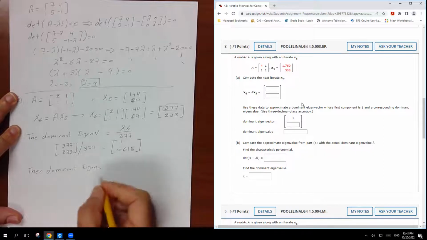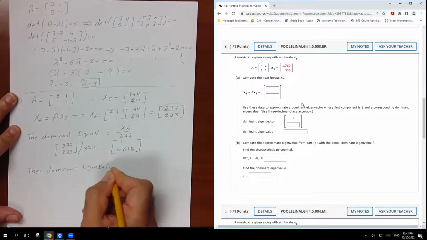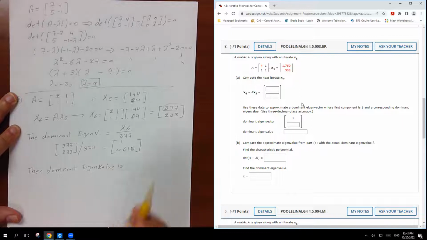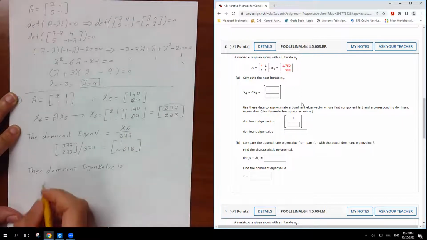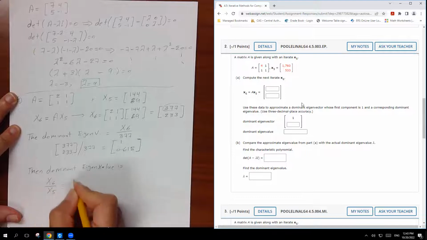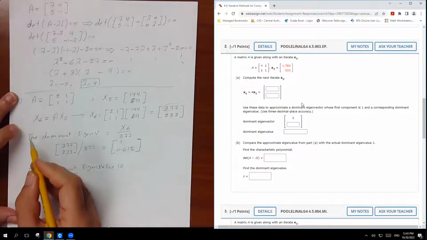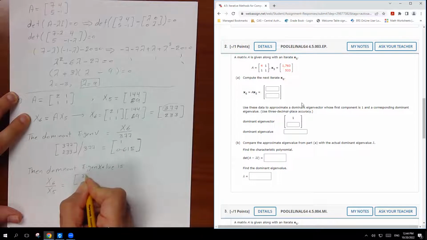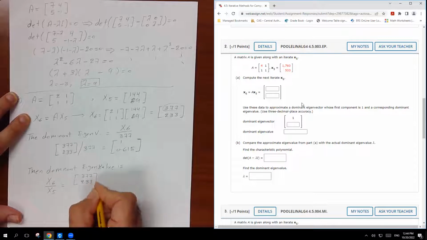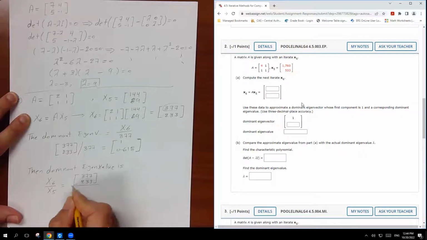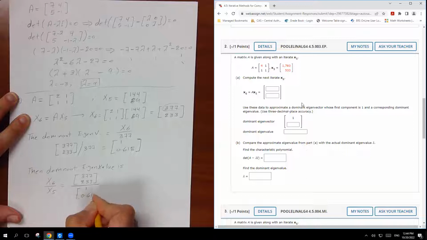Now the dominant eigenvalue: we're going to divide x6 over x5. Which is equal to x6, the vector 3, 7, 7, 2, 3, 3, divided by 1 and 0.618.